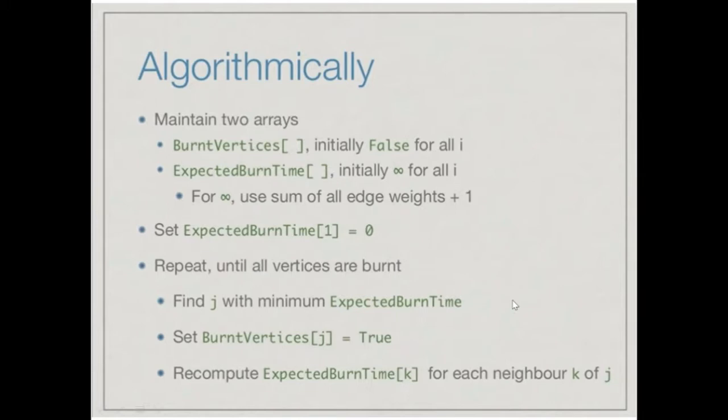That means we have already calculated the cost of getting from vertex 1 to that particular vertex, and then we will start calculating the expected burn time from j to each of its neighbors, and then again we will go back into the loop for the next nodes.